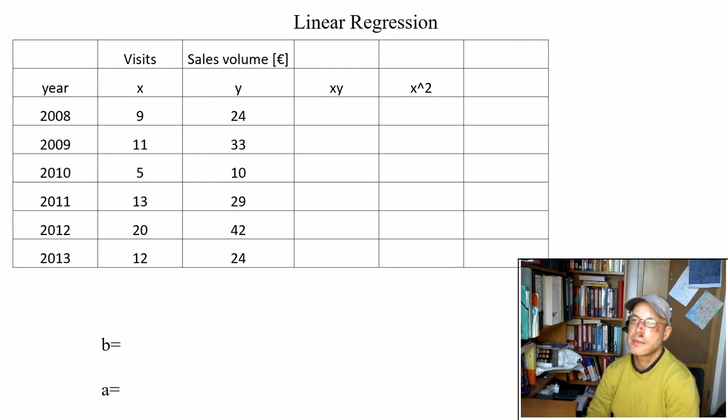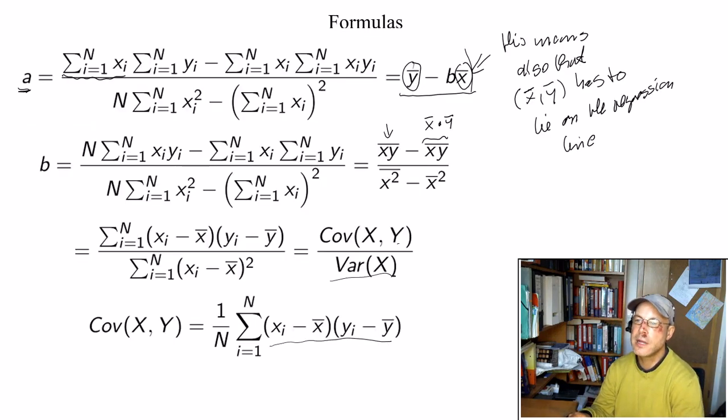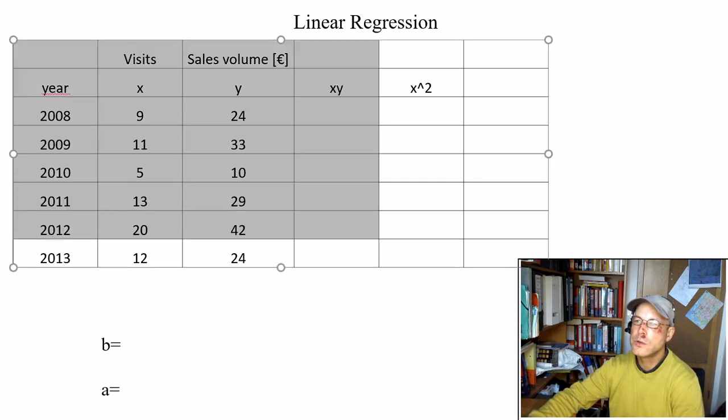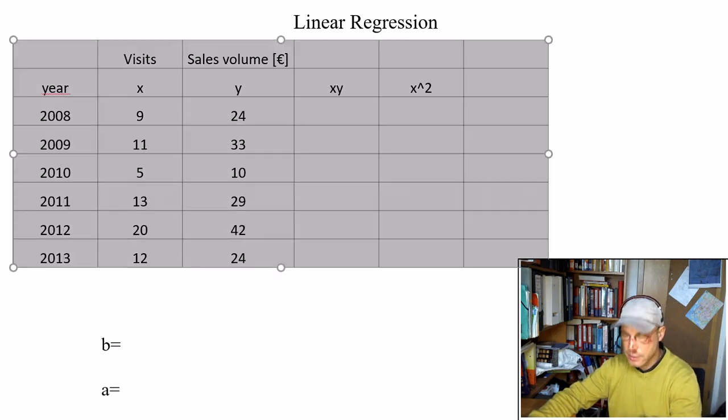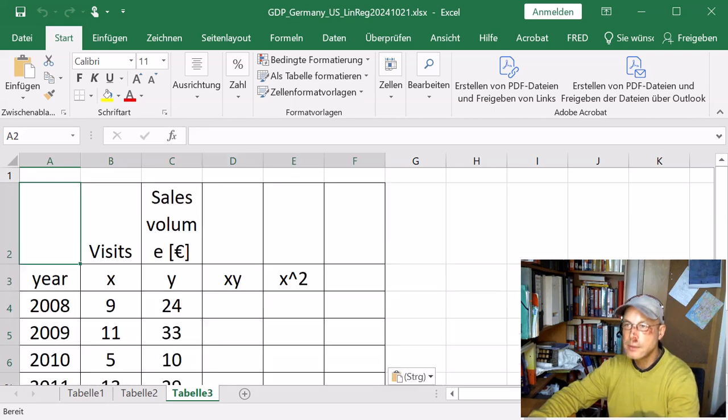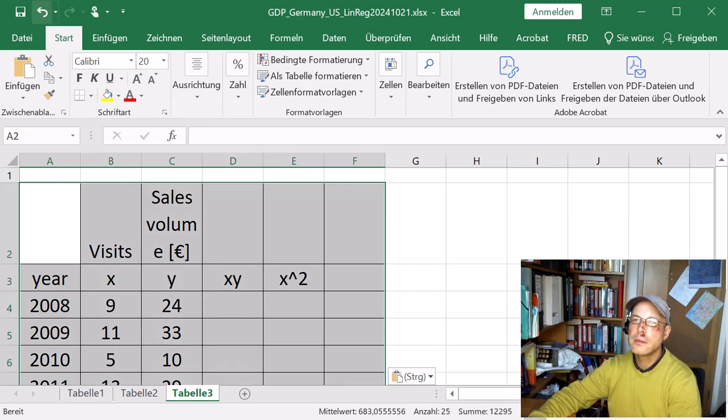Okay, and now we are more or less done. And what we want to do is using now these formulas in order to calculate our A and B. And this, of course, we want to do in Excel, and therefore I cut this, and this is a bit large.